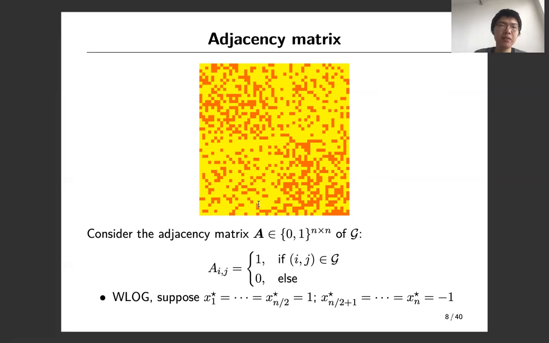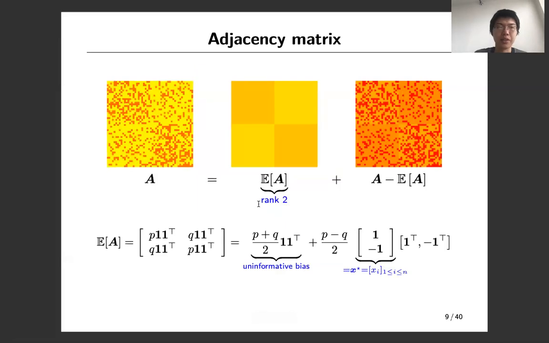So given such an adjacency data we have, how shall we proceed to classify the nodes into two different communities? It turns out that it is helpful to look at the expected version of this adjacency matrix under the SBM model. If you actually calculate the expected version of this adjacency matrix, you will find out that expectation of A is just a rank 2 matrix, shown here.